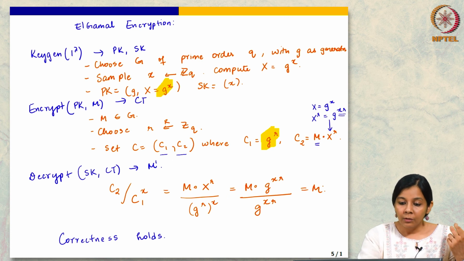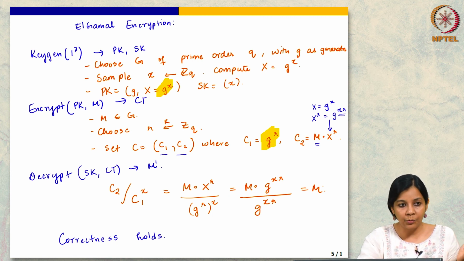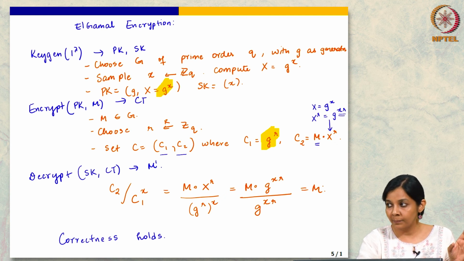So, armed with that intuition, you can see what I will choose my ciphertext to be. I will sample a random element r, I will compute g to the r, and I will compute g to the rx. So, I have my public key g to the x, I raise that to the r, that gives me g to the rx. By the DDH assumption, this should be indistinguishable from random, and I use this to mask my message.